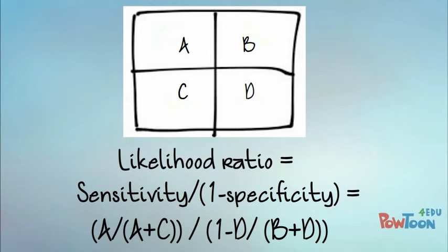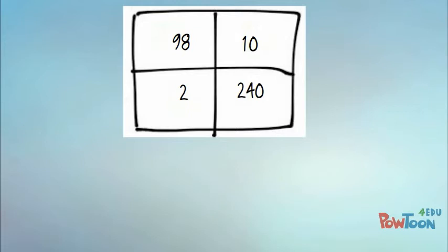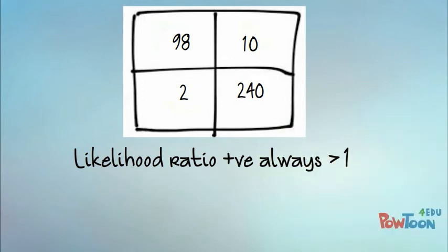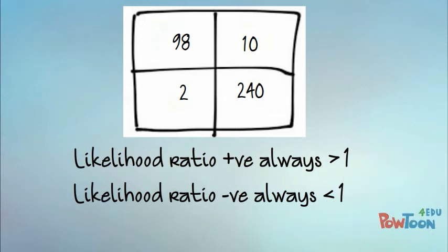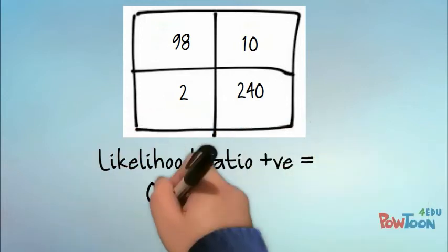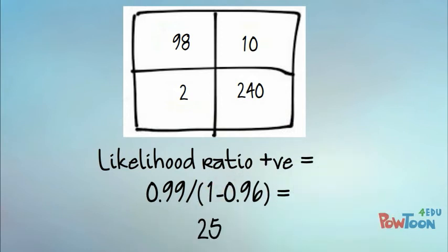Note that this is the first value we have seen so far that has been calculated using all 4 values from the table. There are actually 2 likelihood ratios for each test. Likelihood ratio positive, when the test is positive, which is a value greater than 1, and the likelihood ratio negative for a negative test, which is a value less than 1. In this case, the likelihood ratio positive is 25.